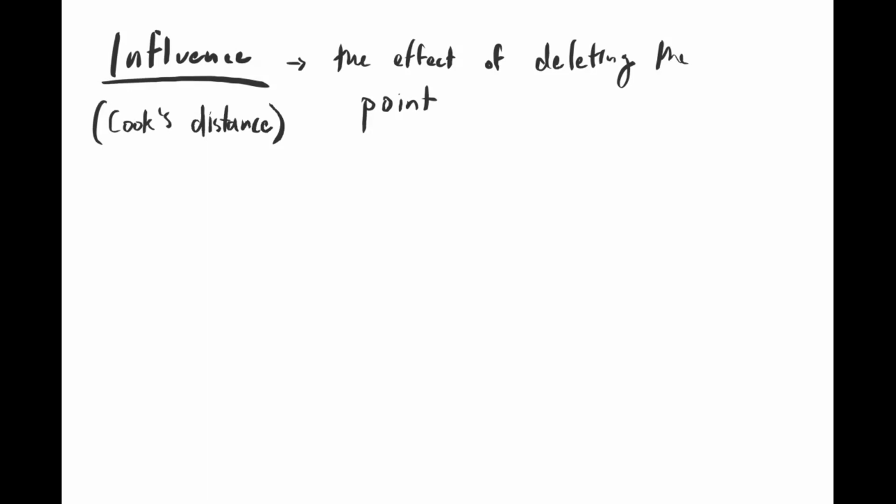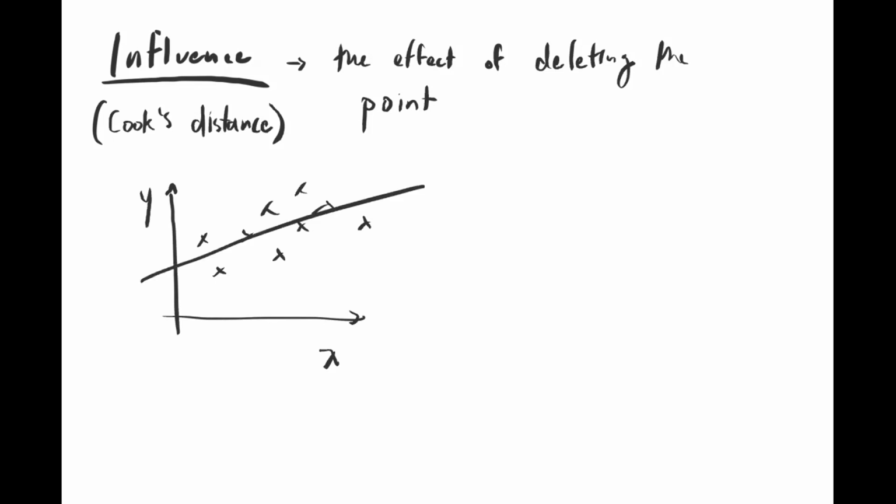So you could imagine that if I have a whole set of points like this, okay, and the best fit looks something like this. If I were to delete, let's say, this point, that may shift my fit line up a little bit, right?